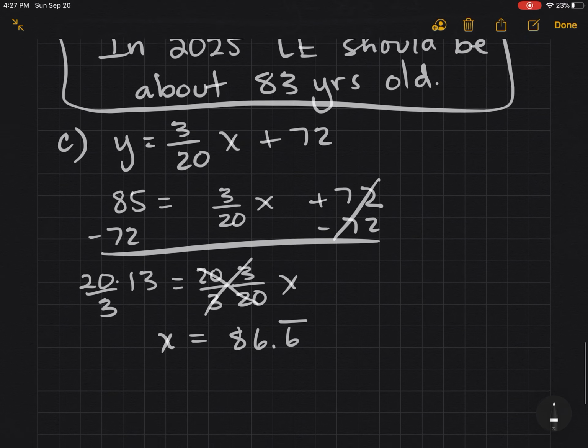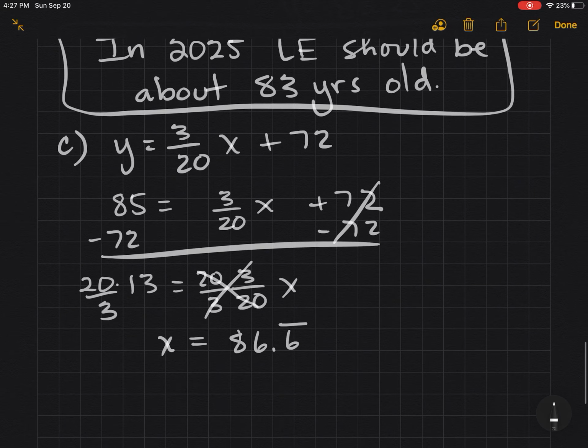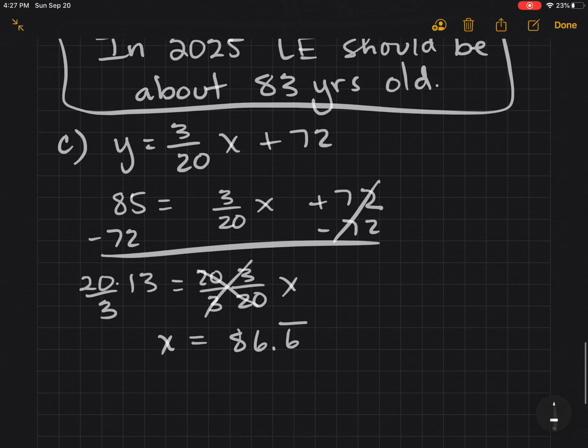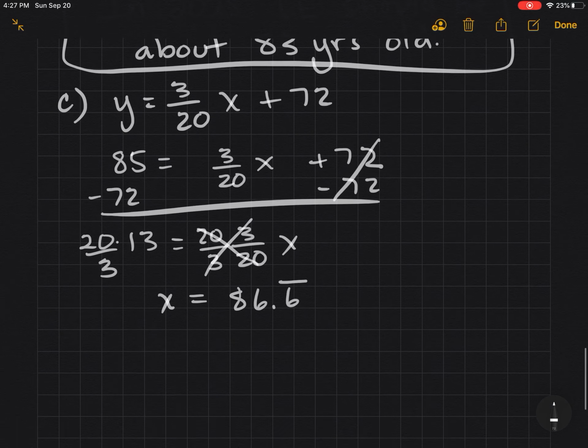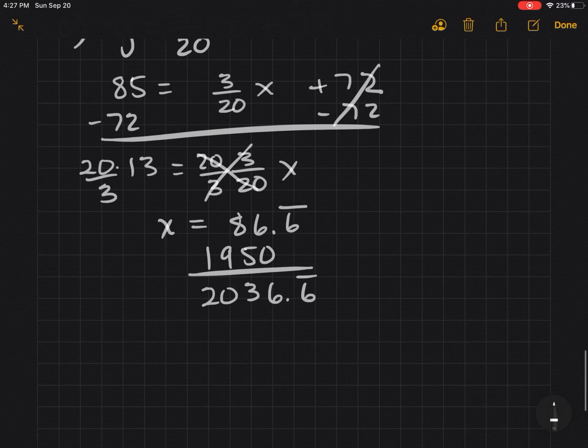And we say, wait a minute, life expectancy is 85 and 86.6 repeating. And then we remember X represents the number of years since 1950. And when we add that, a question I often get is, Miss Adams, do we round that up to the year 2037, or do we leave it in the year of 2036?